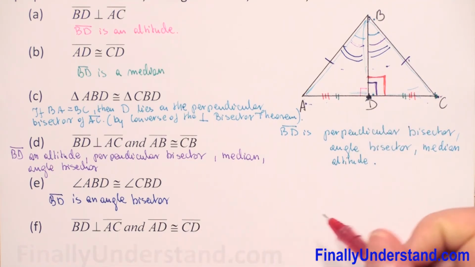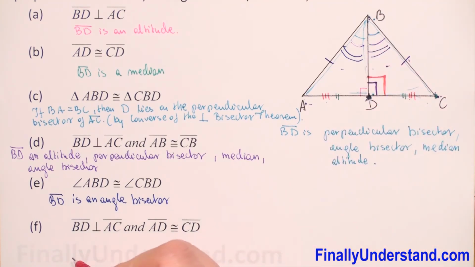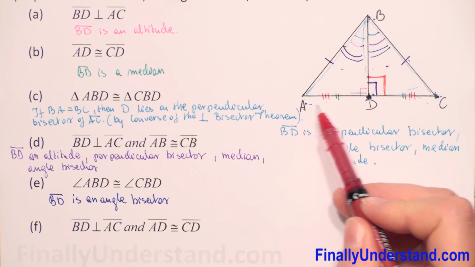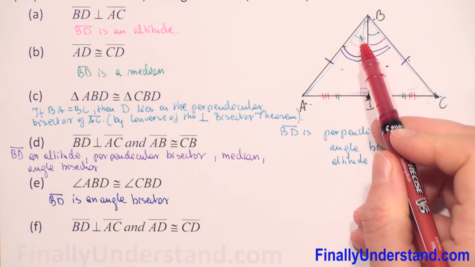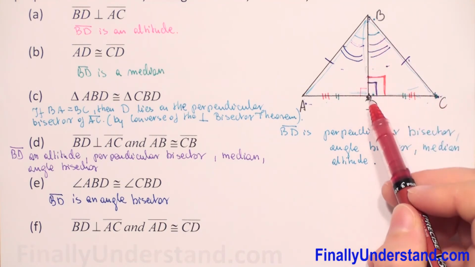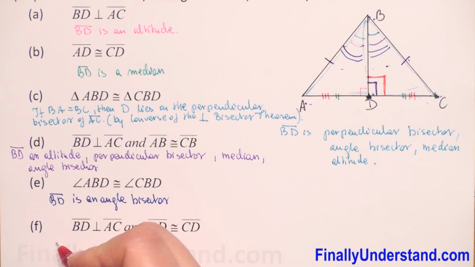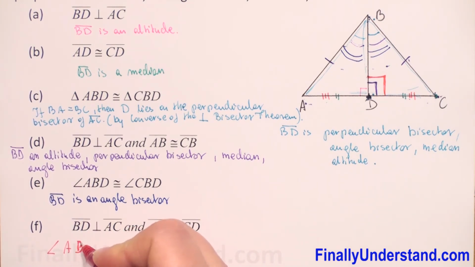So because BD is perpendicular to AC, it means that angle ADB is congruent to angle CDB, because the measure of these two angles is 90 degrees.